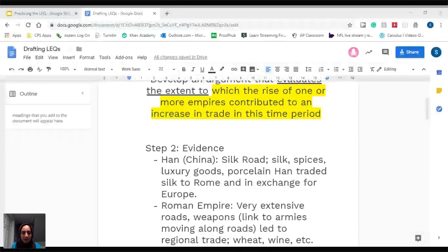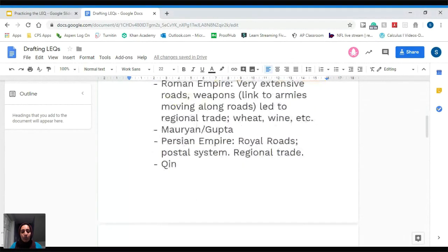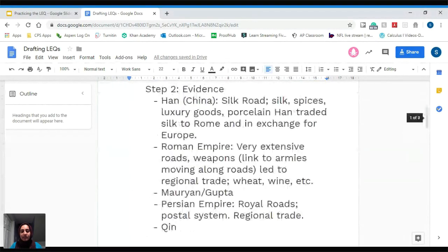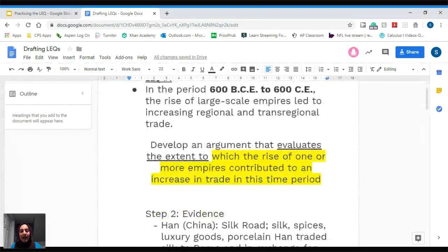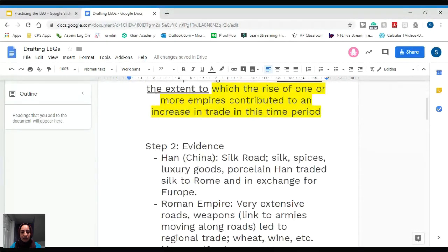So let's see, the rise of one or more of these empires contributed. So we could say, how did empires increase trade? Yes, that's good. I would do that, and then I would include how much, because this prompt asks to evaluate the extent. When you ask evaluate to the extent, it's like how much did something impact the other. So I'm going to use that.